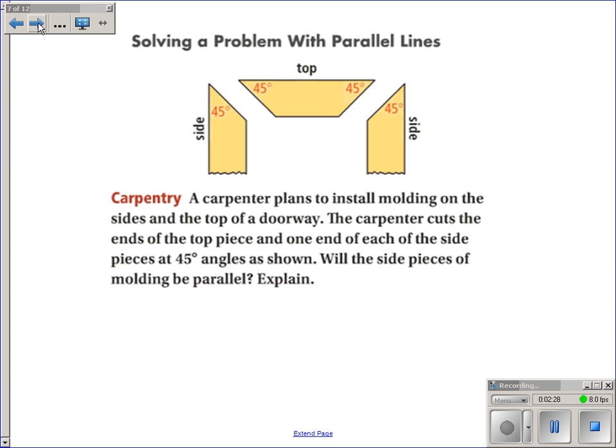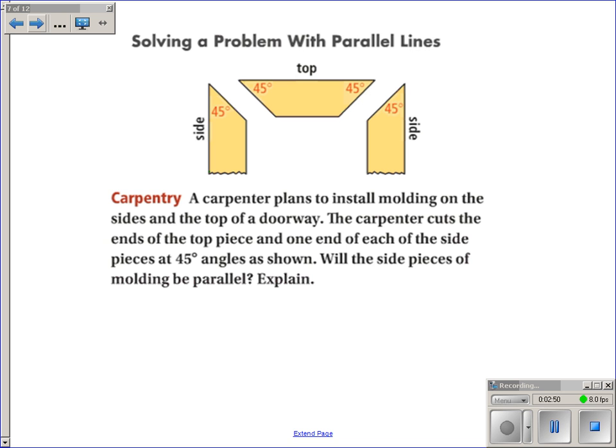All right, here's a problem that uses one of those theorems. A carpenter plans to install molding on the sides and top of a doorway. The carpenter cuts the ends of the top piece and one end of each of the side pieces at 45-degree angles as shown. Will the side pieces of molding be parallel? Explain.